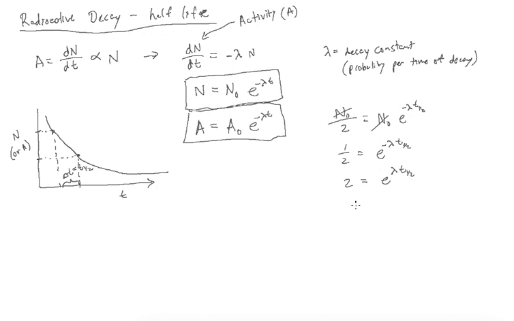You take the natural log of both sides, and you'll have the natural log of 2 is equal to lambda t half-life, because remember, natural log is an inverse operation for exponentials like this, for Euler's number there. And then just finish it off: t half-life is equal to the natural log of 2 over our decay constant, okay?